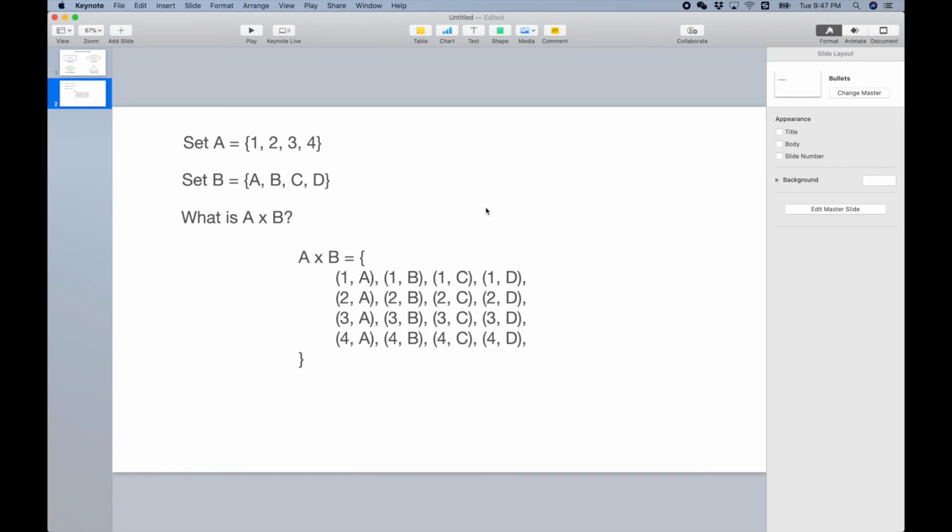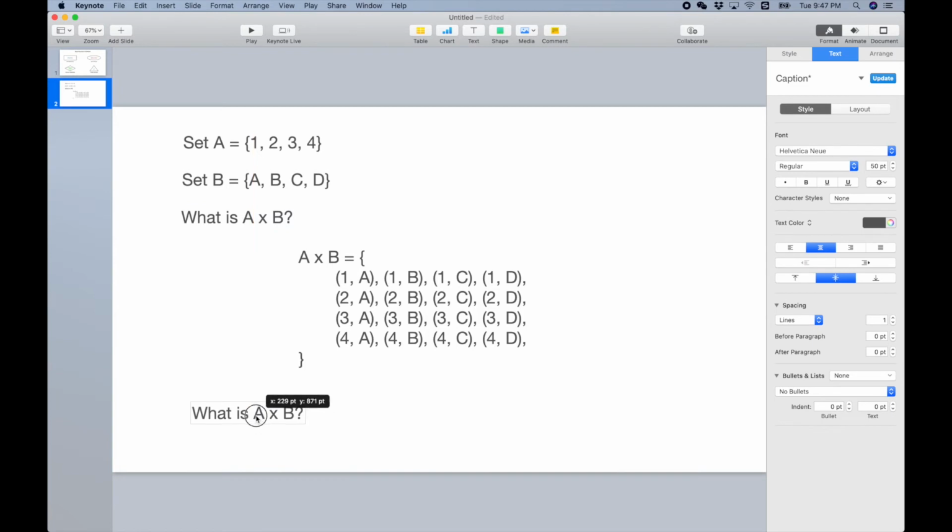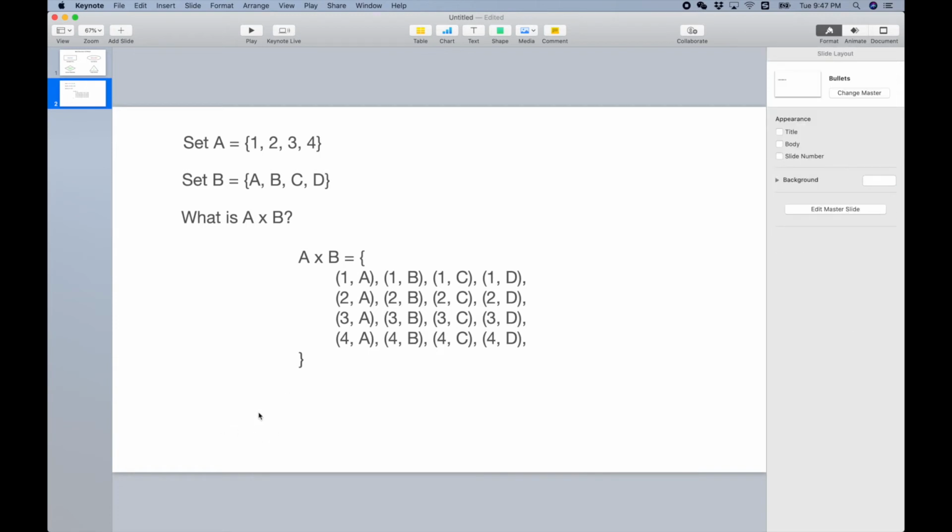This is what we learned from discrete mathematics, right? And for our database systems, we can define a relationship between A and B based on this product.